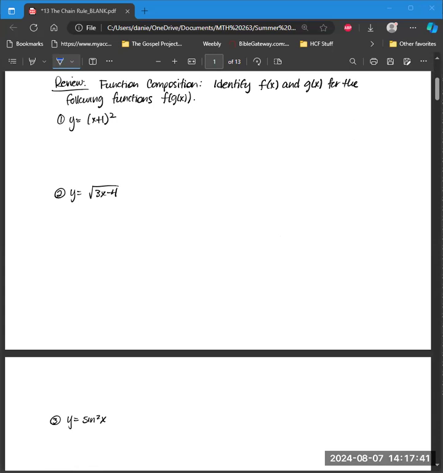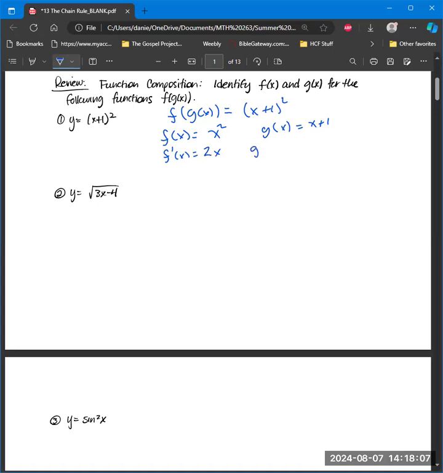So f of g of x is going to be f of x plus 1 squared. And I'm going to let f of x be equal to x squared as the outer function. g of x is equal to x plus 1. f prime of x is equal to 2x. g prime of x is equal to 1.